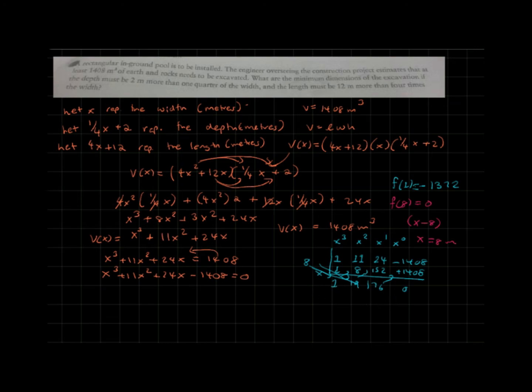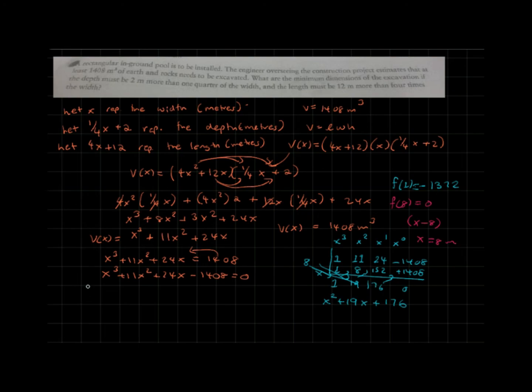So your quotient here is basically x squared plus 19x plus 176. You can notice that this isn't factorable, and if you try to solve for this using the quadratic equation, you're going to get decimal values, right? So we want discrete values.